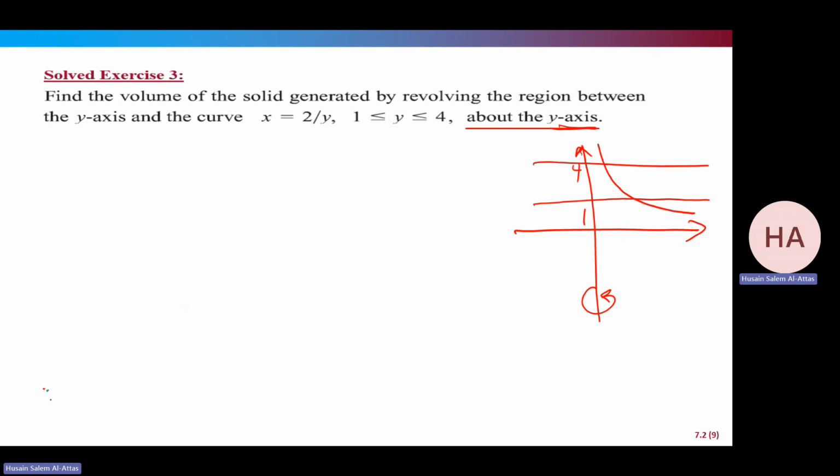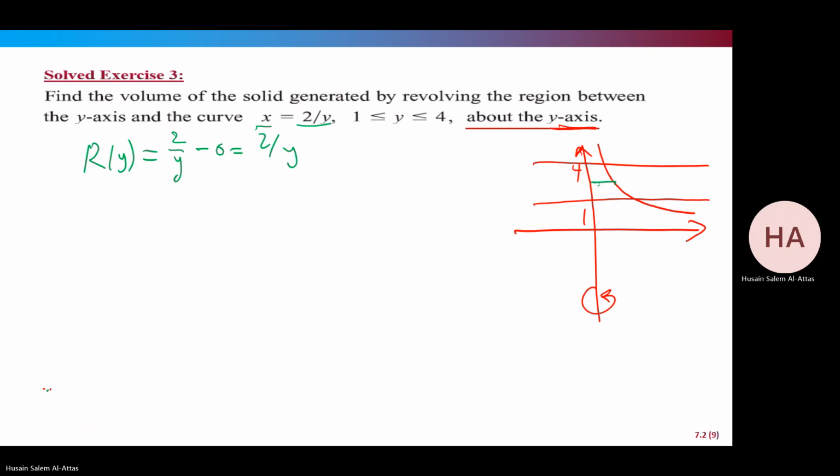So this is the axis of revolution. So I have r of y is what? Now I have x equal function of y, so it's ready in terms of y. It will be 2 over y minus 0, so it will be 2 over y.